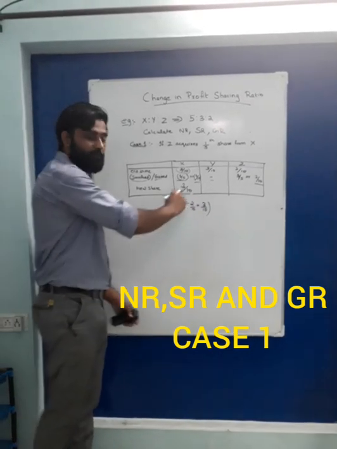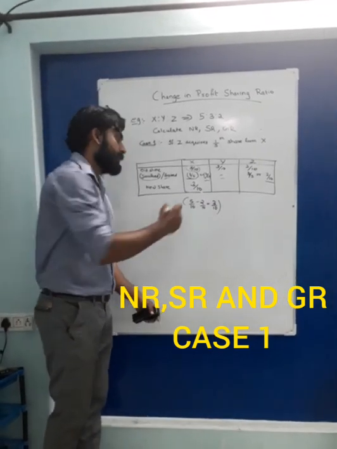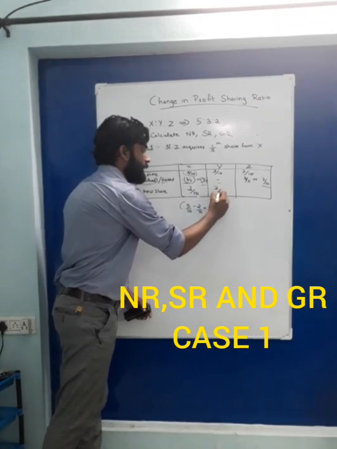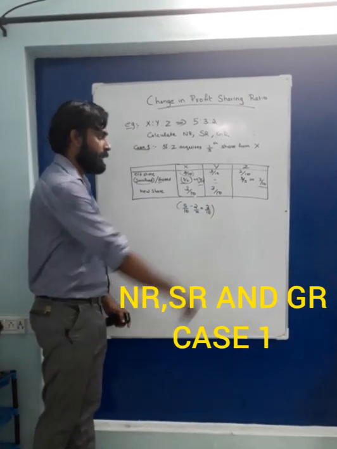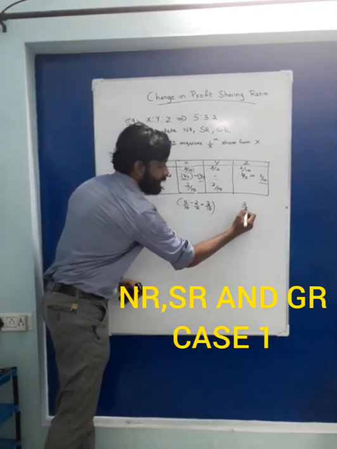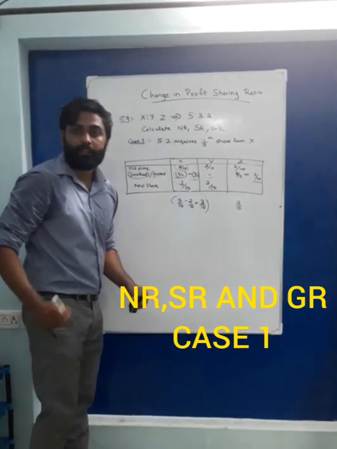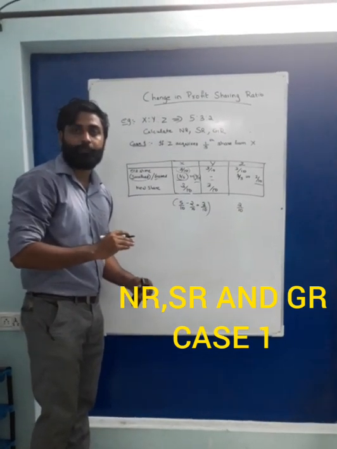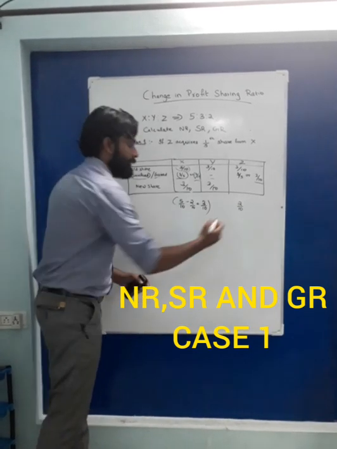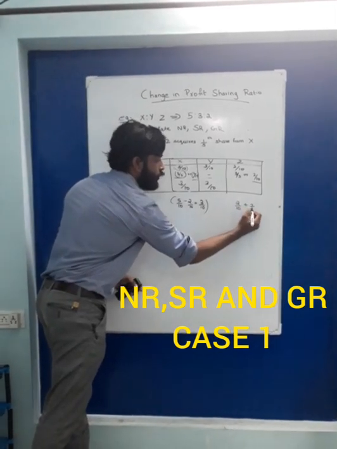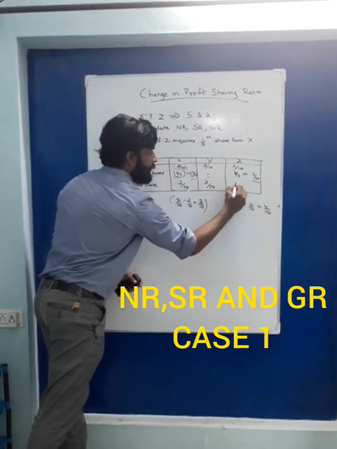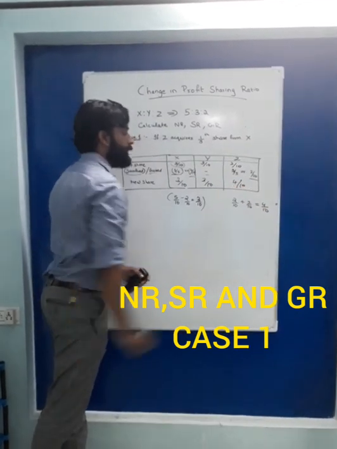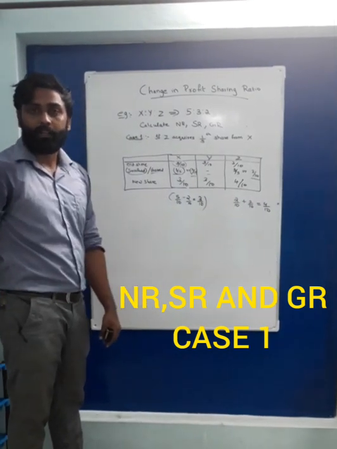There is no change in Y's share, so it remains 3/10. In the case of Z, earlier he had 2/10, and now he got some share from X, so 2/10 is added to Z's share. Now it becomes 4/10. So the new share is 4/10.